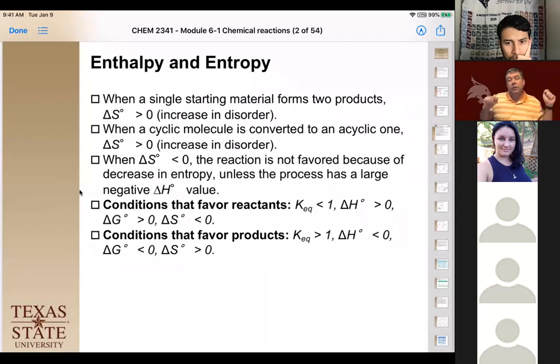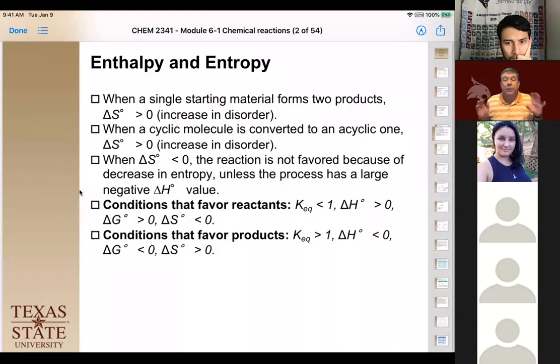But if the conditions favor the products, your equilibrium constant is much greater than 1. It tends to be exothermic, it tends to give off free energy, and it tends to increase entropy. These are the conditions that help us drive a reaction to completion.